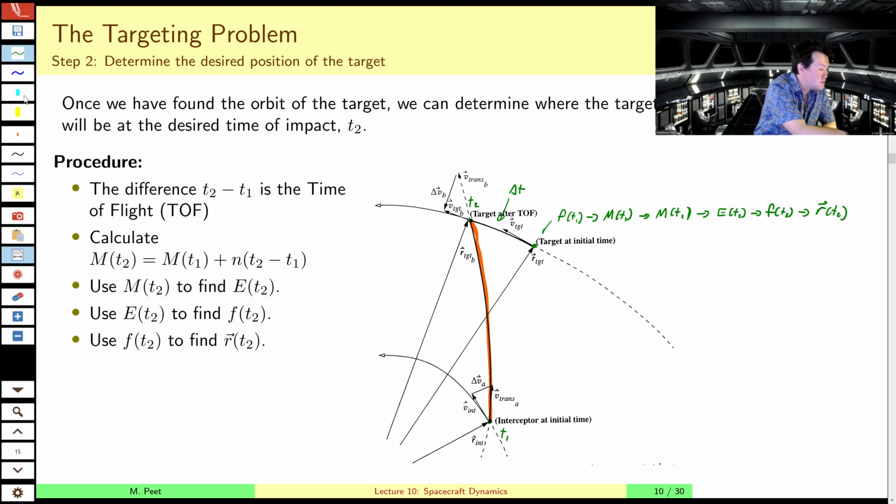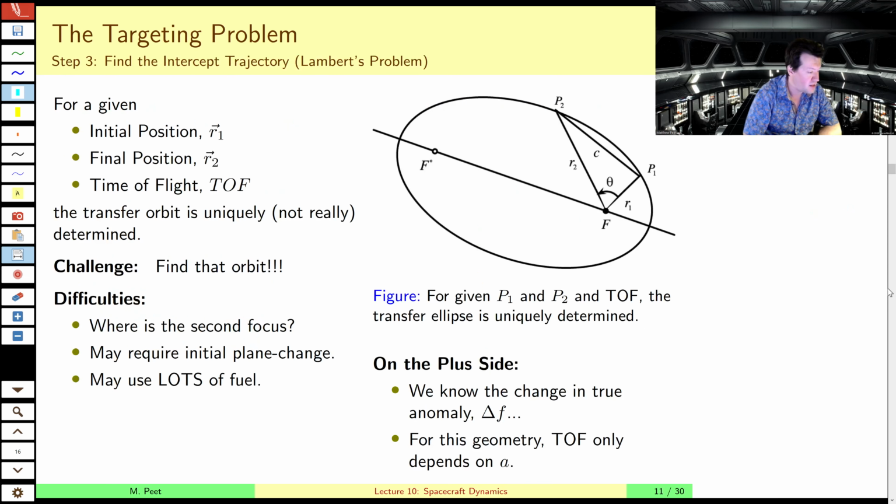Okay. So what comes out of that is this. So we've calculated this arc of the trajectory to figure out where we want to be at the time where we want to be there. So that's pretty straightforward. Again, rehash of material from previous parts of this course. So the actual hard part is then determining the pathway through space by which we get there in the amount of time we are allotted.